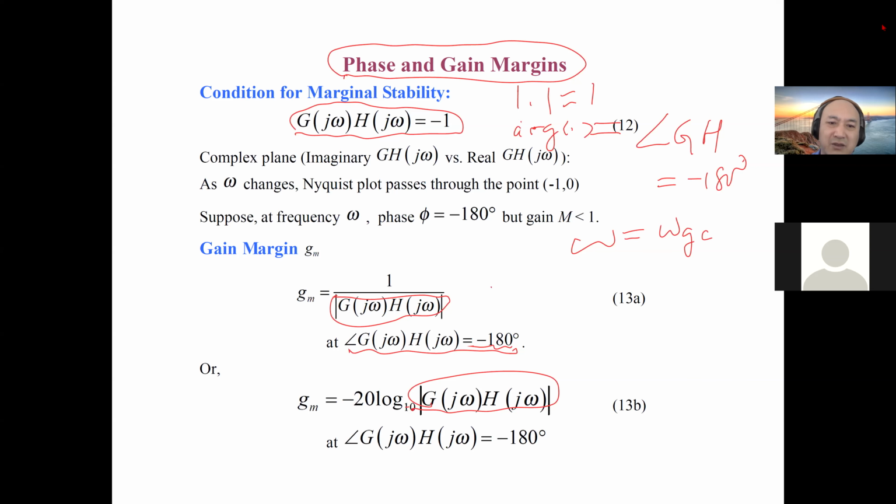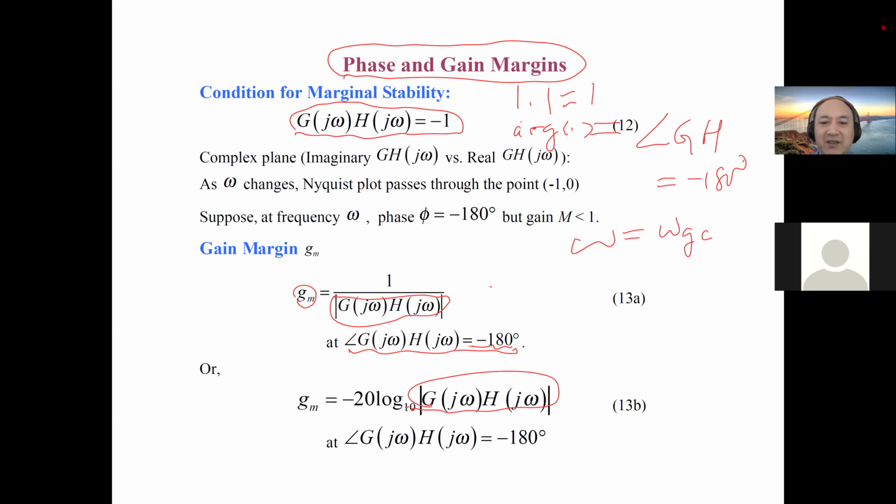So that one will be considered as how much? Basically, the absolute value of this dB. So how much amplification can I add to make the system unstable, or greater than 1? So that's the dB we have.